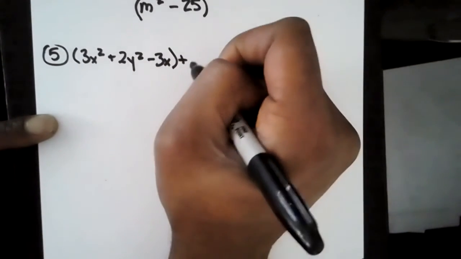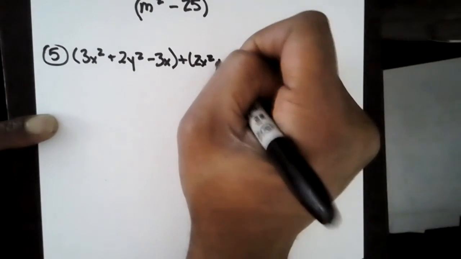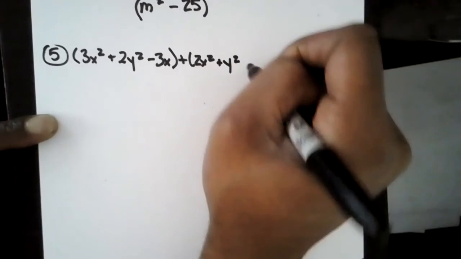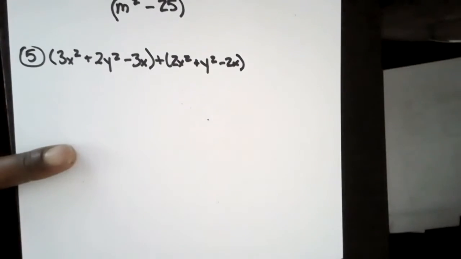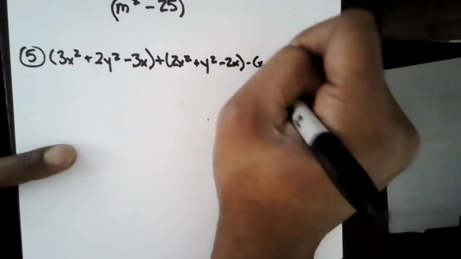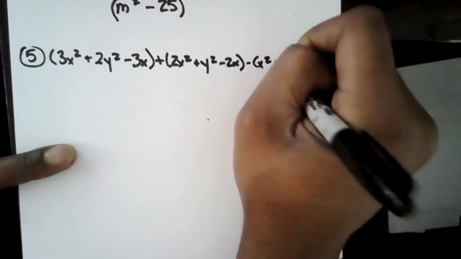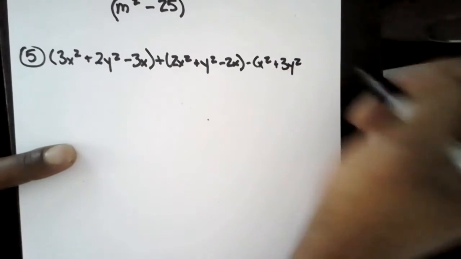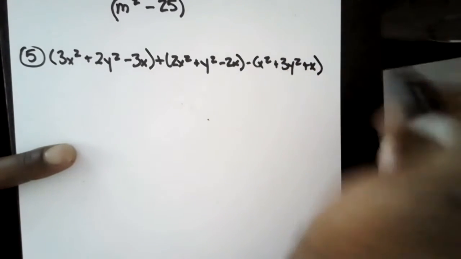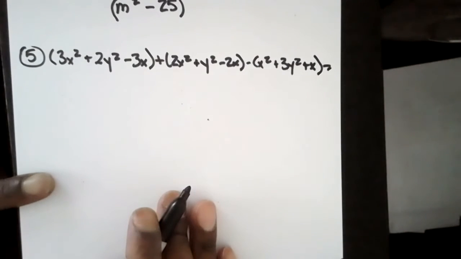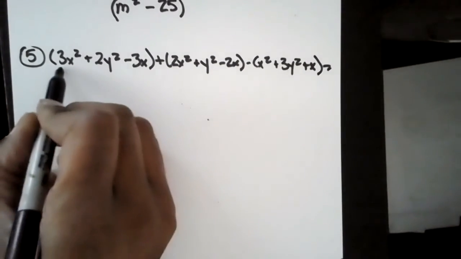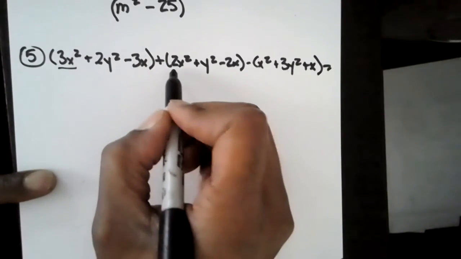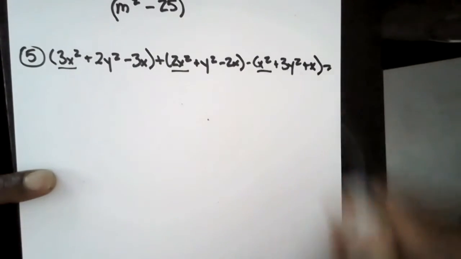Plus 2x squared plus y squared minus 2x minus x squared plus 3y squared plus x is going to give us some number. We're going to combine like terms. We have a 3x squared here, we have a 2x squared here, and we have an x squared there.